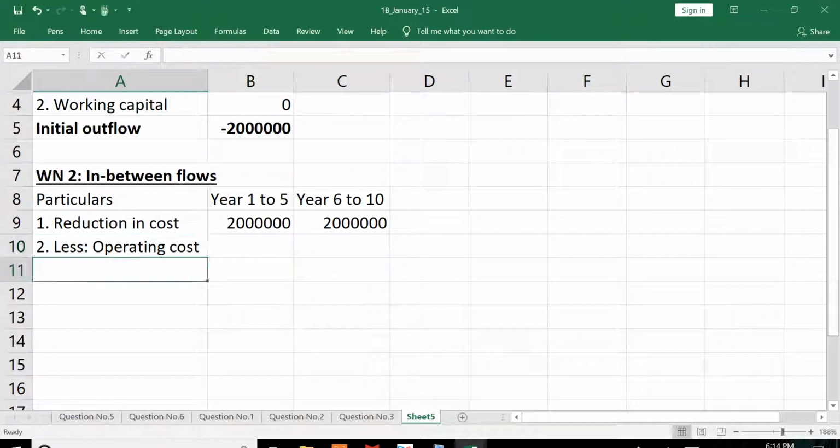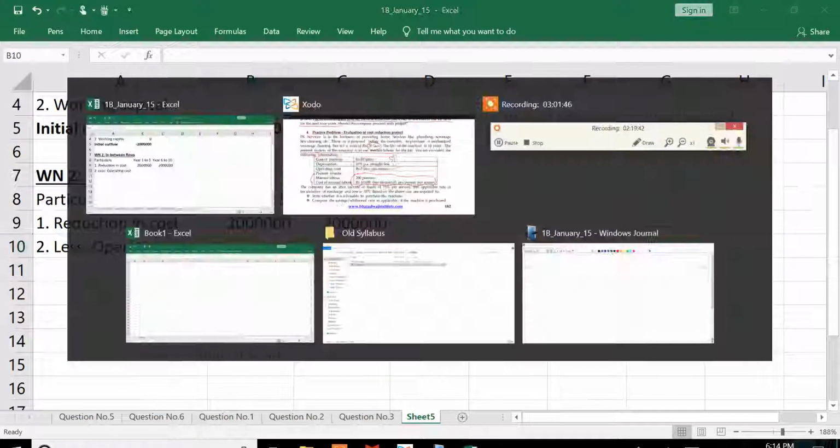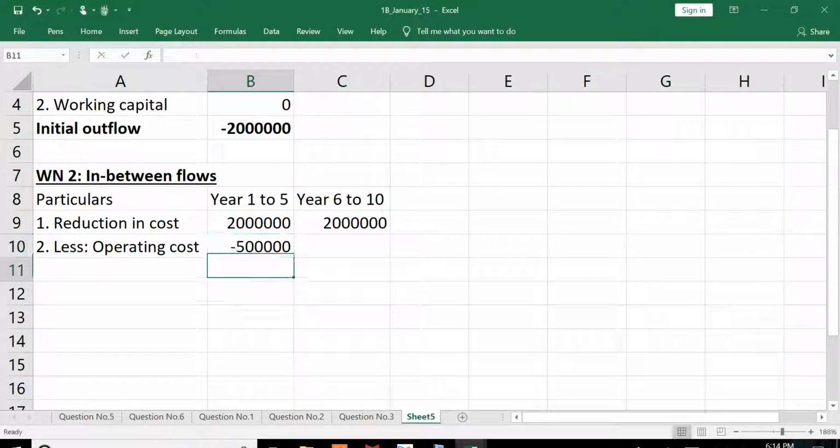So listen, it's not that I exactly save 20 lakhs, less operating cost. What is the operating cost of the machinery? Okay, listen. I can write reduction in cost directly as 15 lakhs. If I write 15 lakhs, then I will not write less operating cost. I am writing operating cost now because that's the expense of the machinery. If somebody writes reduction in cost directly as 15 lakhs, then you are not going to write operating cost in your calculation.